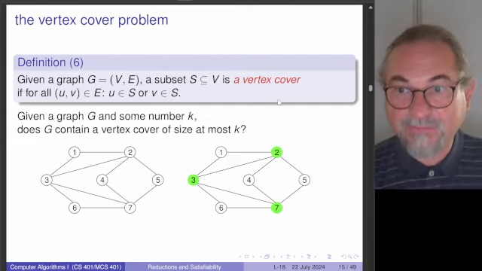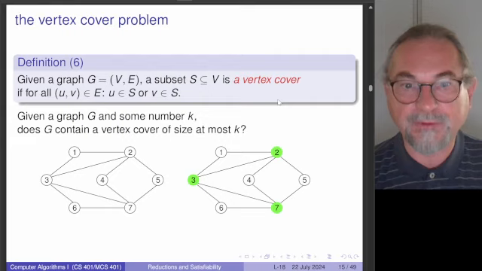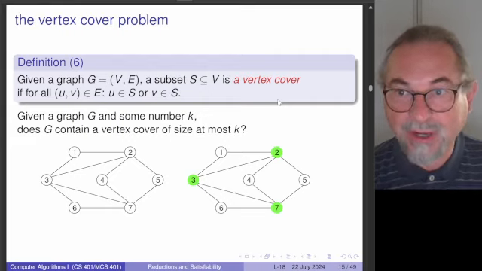So this could have practical implications as well. Finding a vertex cover in a graph also implies that if you have that set, then you can reach all vertices in the graph in one step. So this is an important notion, that of a vertex cover.